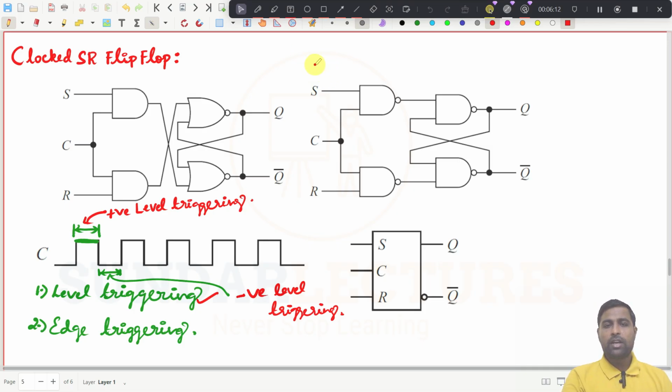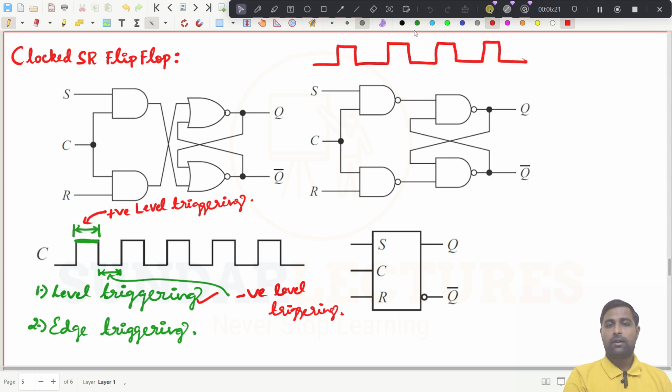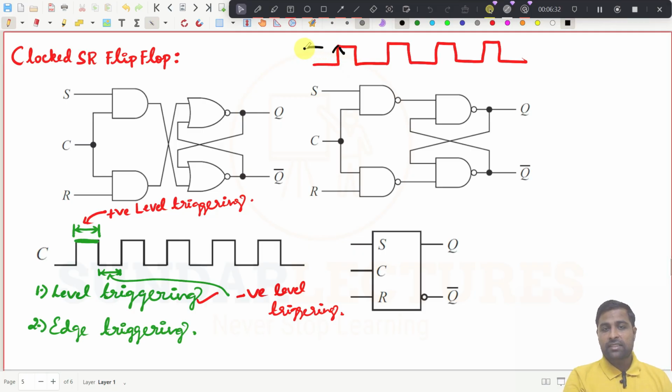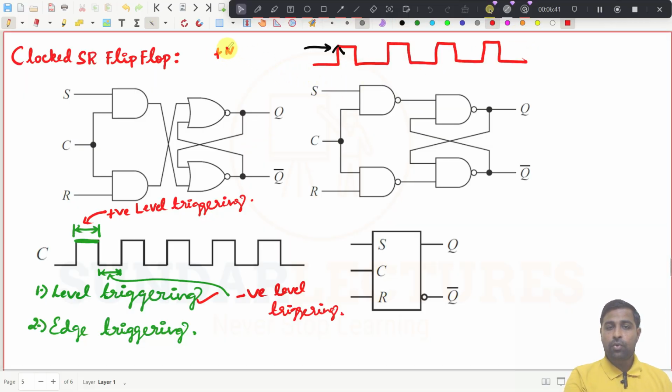So for example, you have it like this now, same thing I am drawing to explain edge triggering. For example, at this positive edge trigger, this is the positive edge and this is now the negative edge. Try to understand, right? So if at this instant the SR flip flop is looking for the S input and the R input, then we will call it positive edge triggering.